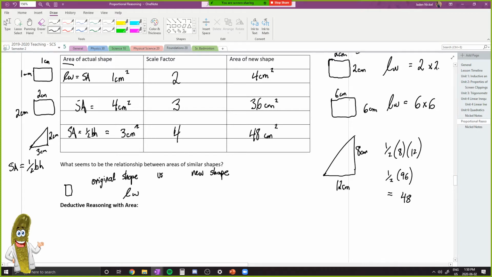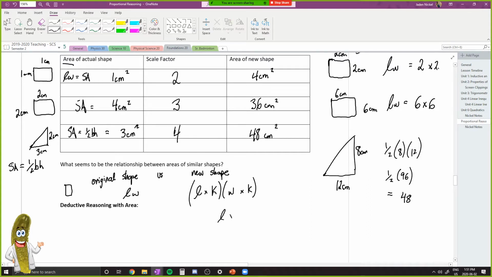With the new shape, we're taking whatever the length was and multiplying that by the scale factor. And then we're also taking the width and multiplying that by the scale factor.